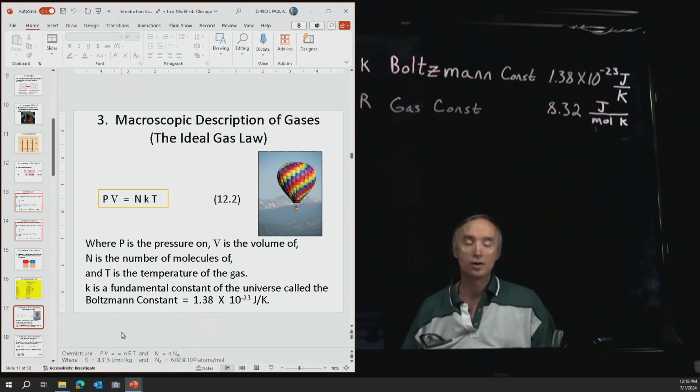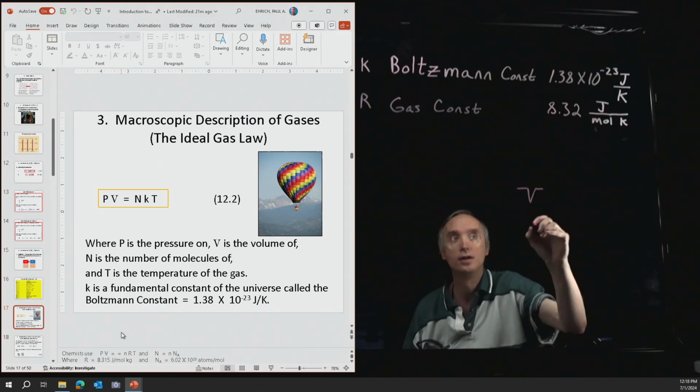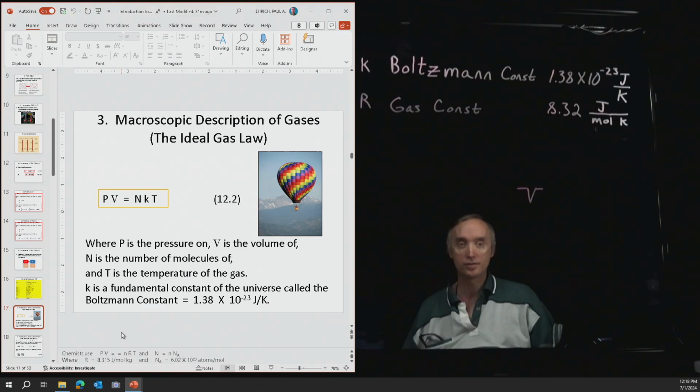So now we're going to be talking about gases. Here is our formula for a gas: pressure P of the gas multiplied by its volume V. Notice that I put hooks on my volume so as not to confuse it with velocity.